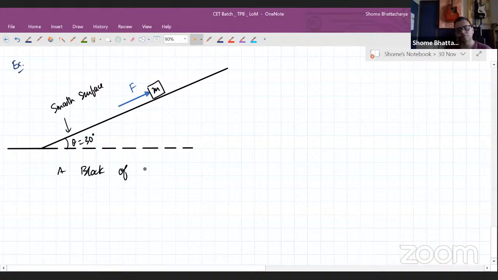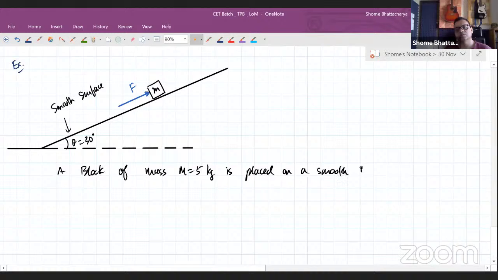So a block of mass m equal to 5 kilograms is placed on a smooth inclined plane as shown.